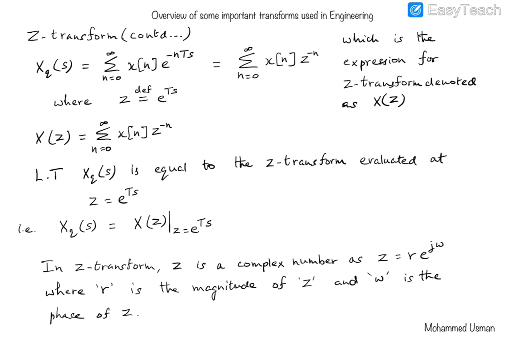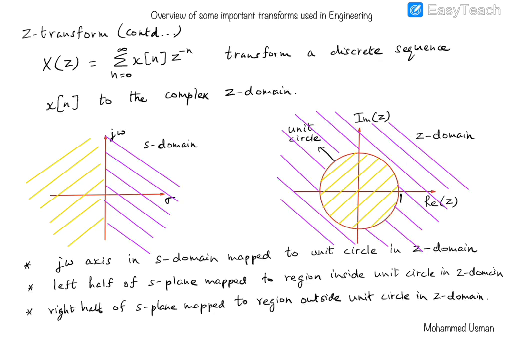We will now see how the mapping of the Laplace domain to the Z domain takes place. Earlier we had seen that when we force the Laplace transform to lie along the j omega axis, we get the Fourier transform. Now the Z-transform maps the Laplace domain to the Z domain such that the j omega axis is folded into a circle, encompassing all the left side of the S-plane into a circle of radius 1.